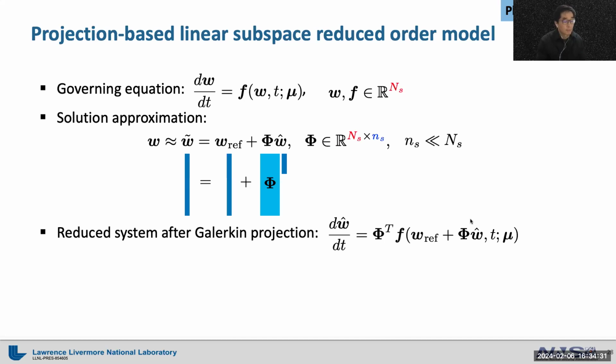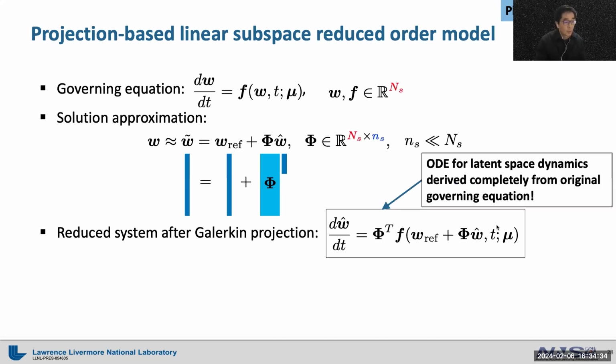And if you do that, at the end, what you get is ordinary differential equations. By construction, that is derived by starting from the governing equations, and we just reduce the dimensionality in both test and trial space. And that's how we get the ordinary differential equations, right? The solution approximation involves the compression techniques, and the Galerkin projection leads to the identification.